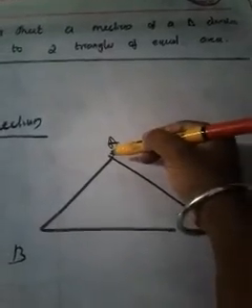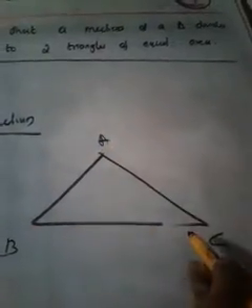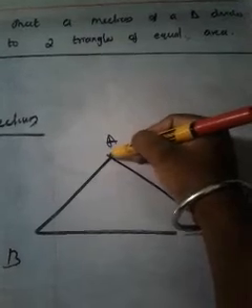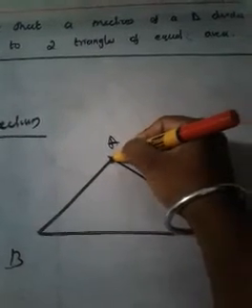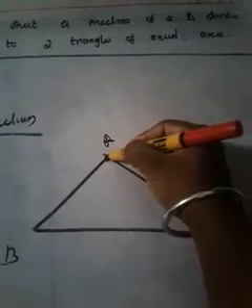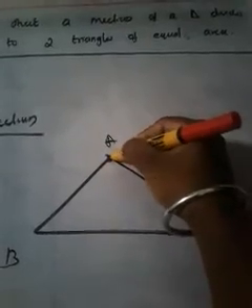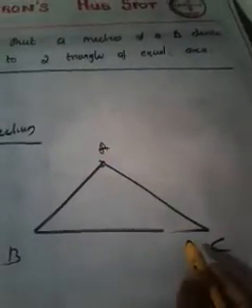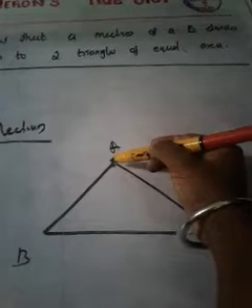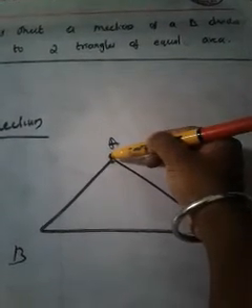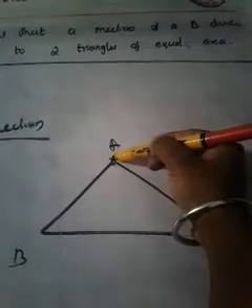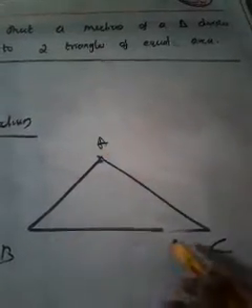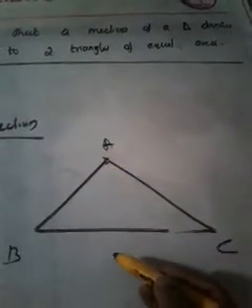That means you can draw a median from A, B, C as you wish. If you are drawing a median from A, that median is a line. So if you are starting from A, you have to draw towards BC, that means towards the opposite side of that vertex. Here if you are starting from A, the opposite side of A is BC. So you have to draw that line towards BC.